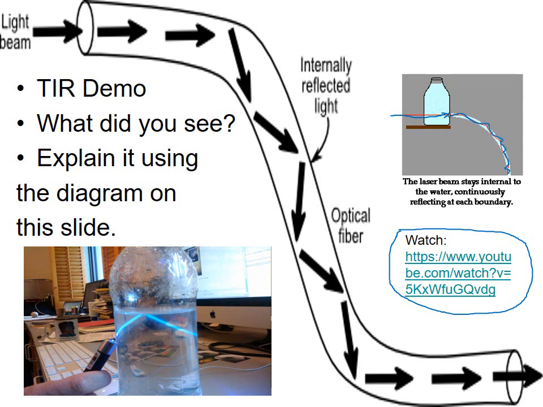That beam of light is striking the water beyond the critical angle so that it stays within that stream of water as it goes down, because again, it's going from water to air, and water is a more dense medium than air is. As a result, total internal reflection can occur if you've exceeded the critical angle.